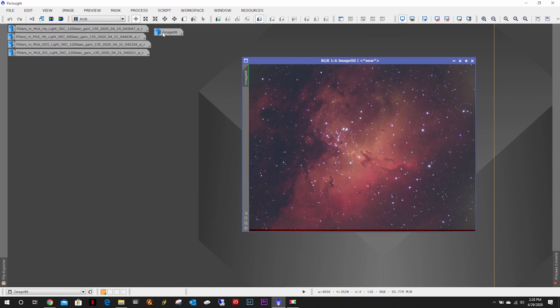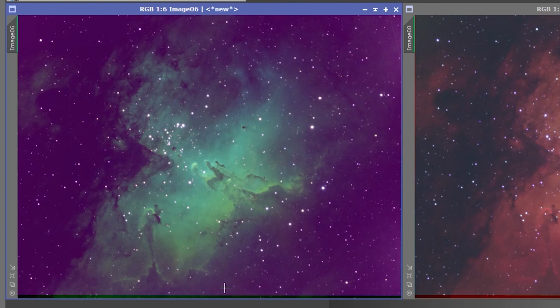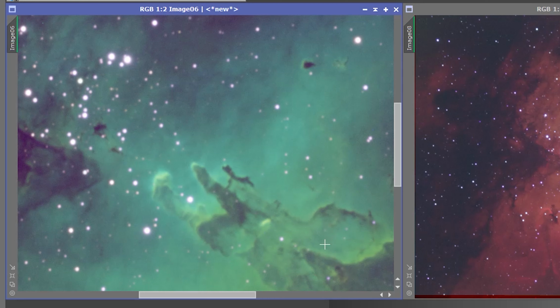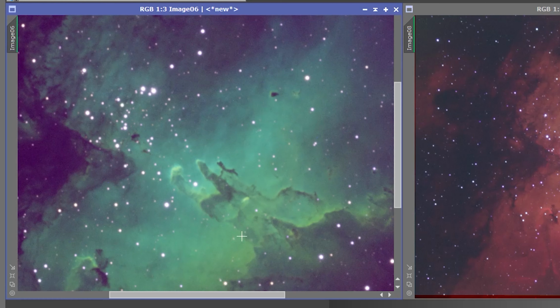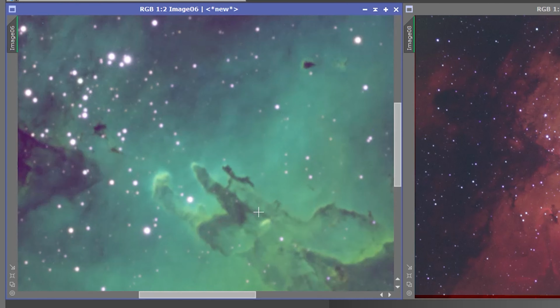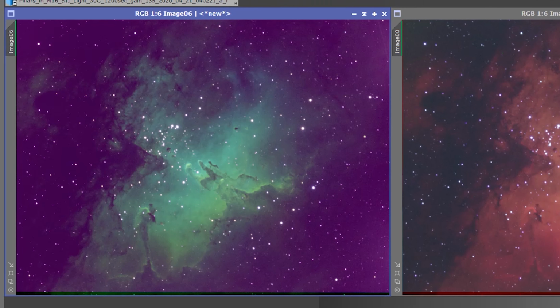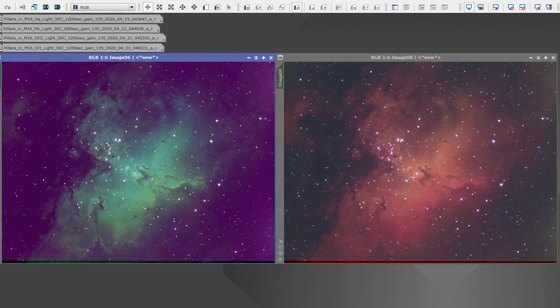So let's look at the Hubble palette. Little greenish, doesn't have the rich colors. Stars are a little purplish, but even looking right in here as opposed to here, and seeing more detail over here.